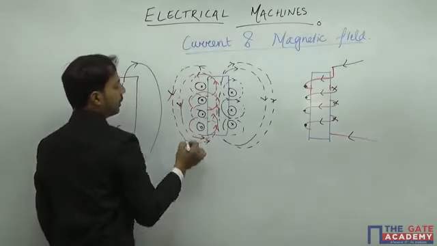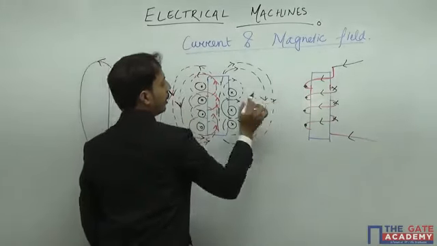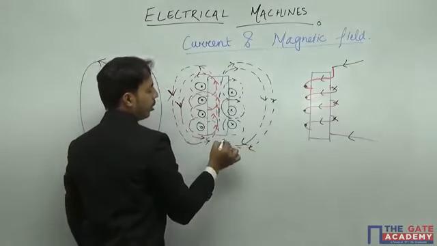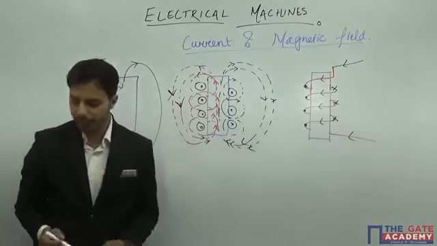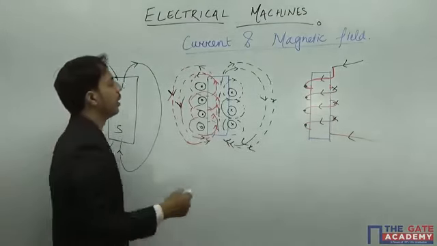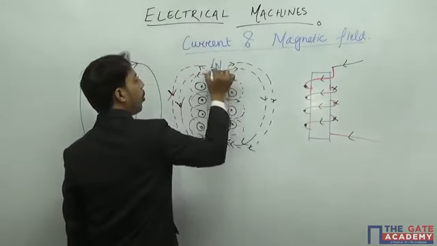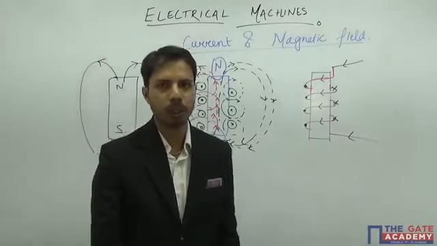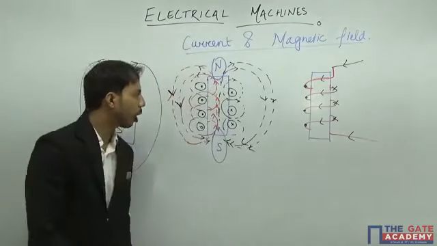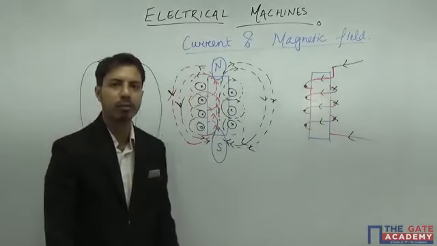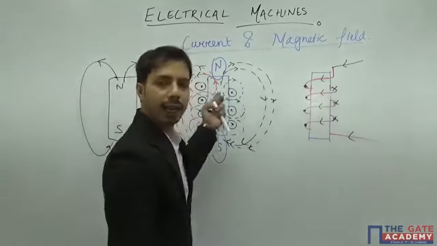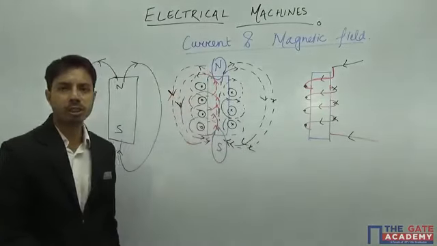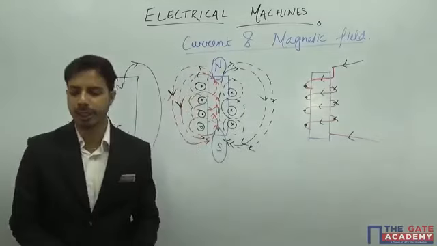It is going inside in these directions. Here it is clockwise, so it is coming out from this and it is going inside through this. So I can say that this particular point is nothing but my north pole, and this particular point is nothing but my south pole. So this is how a solenoid or a coil or an electromagnet, whatever you say, due to these current carrying coils, we will have north poles and south poles. This is how and this is why they are created.